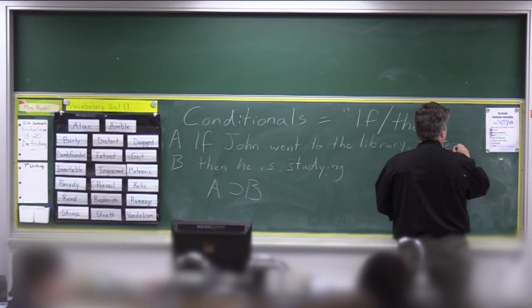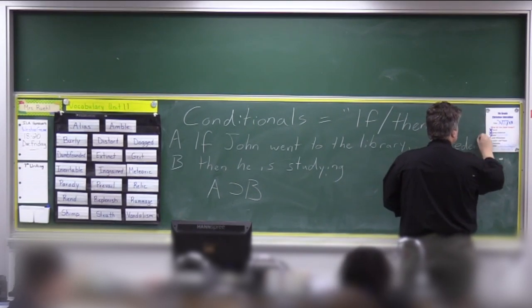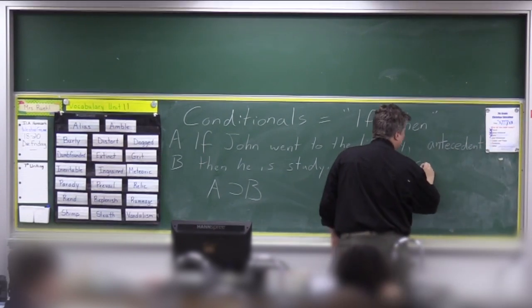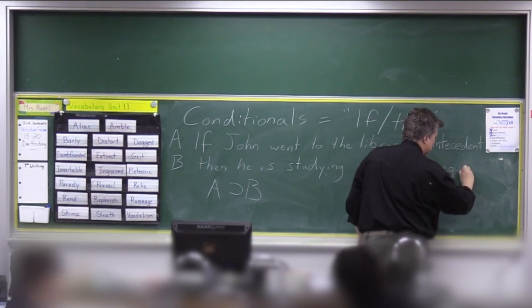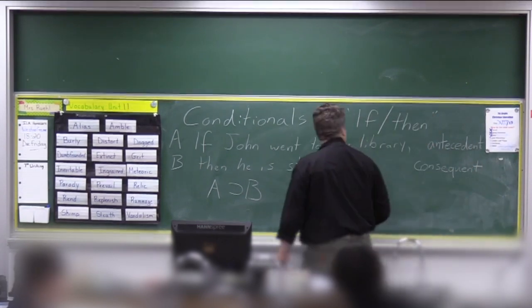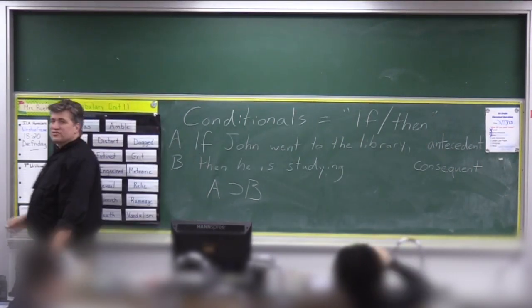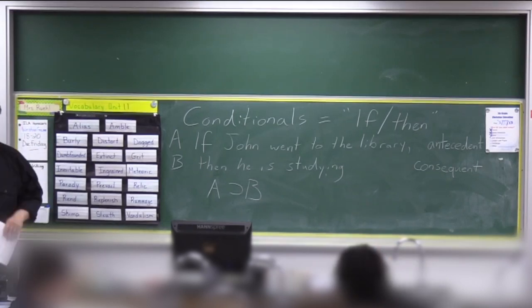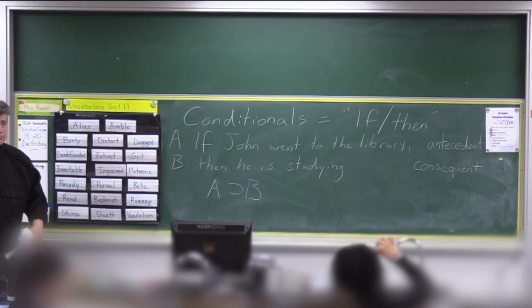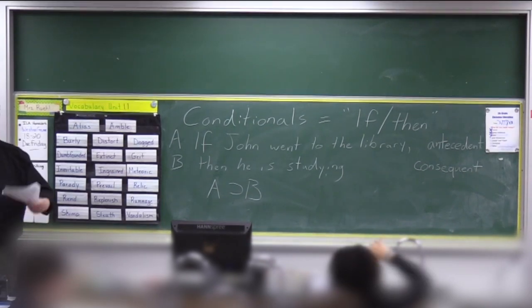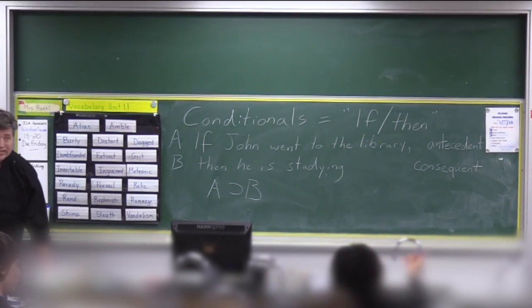The if statement is called your antecedent. And your then statement is called your consequent. Does that sound like another word? Consequent? Consequence, right? That's the then. It helps you keep it straight.